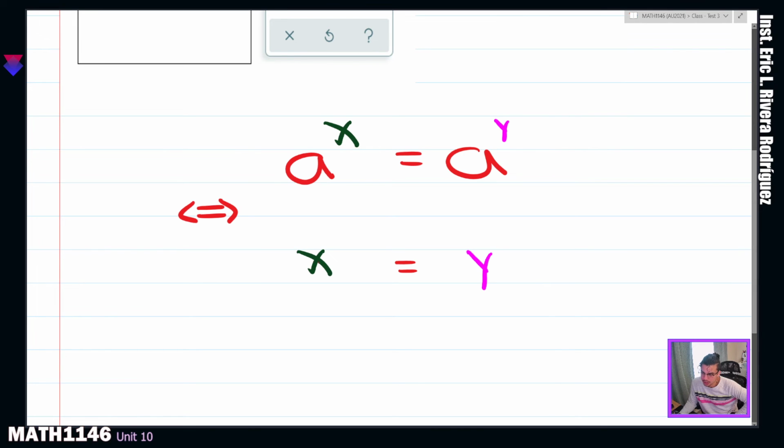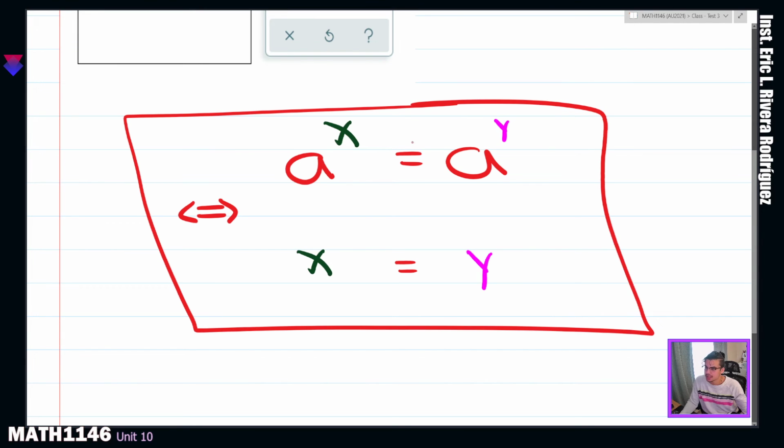If we have an exponential equation where we have the same base, so a here is equal to a, and we have two different representations for the exponents, like variables, so their value is unknown, but because the two bases are the same, then we can conclude that x needs to be equal to y.